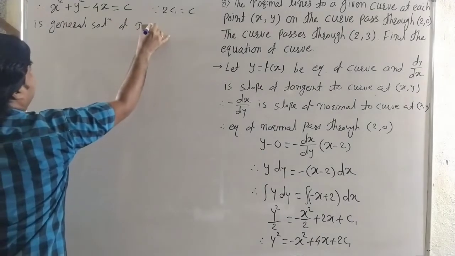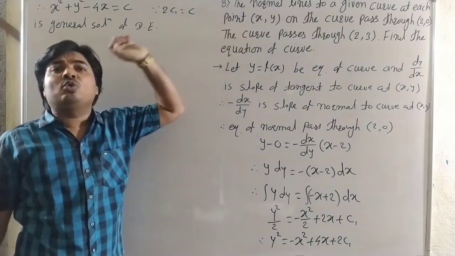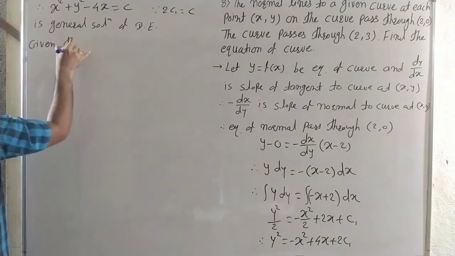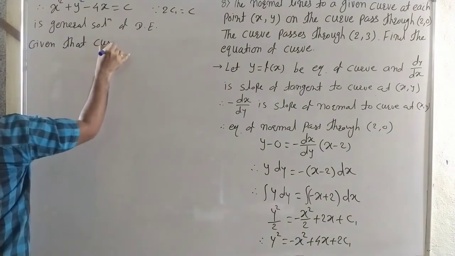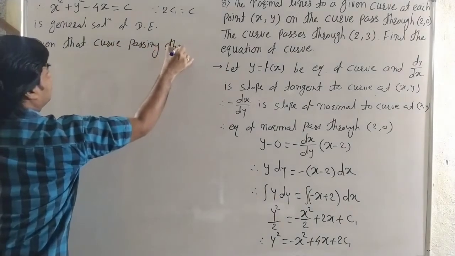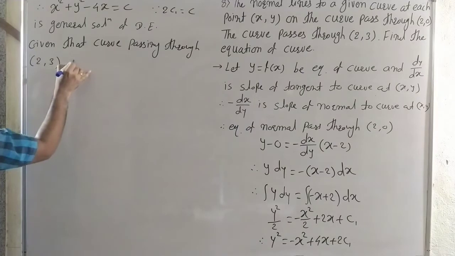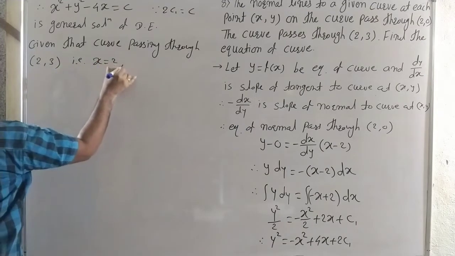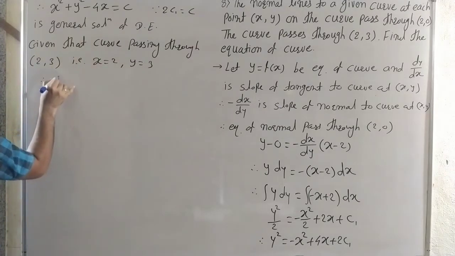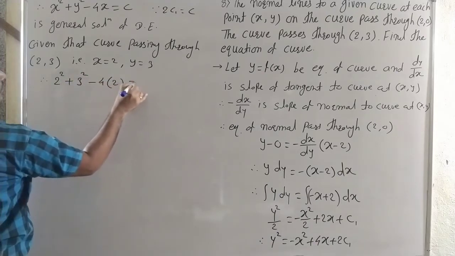Of the differential equation. Now it is the equation of the curve, and it is given that the curve passes through the point 2 comma 3, that is x is equal to 2 and y is equal to 3. Then find the particular solution: 2 square plus 3 square minus 4 into 2 is equal to c.